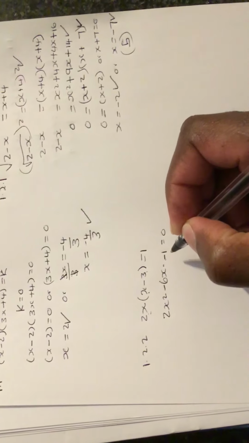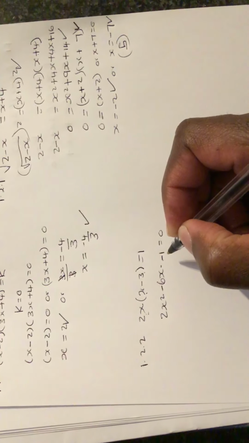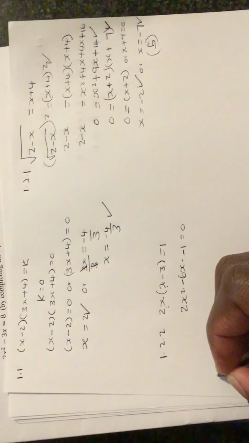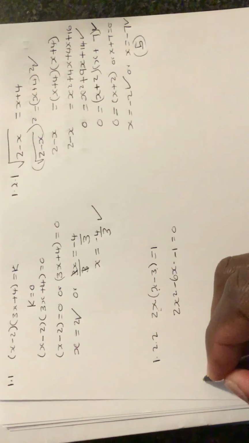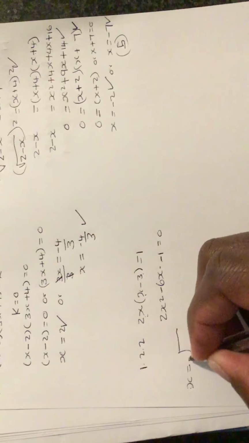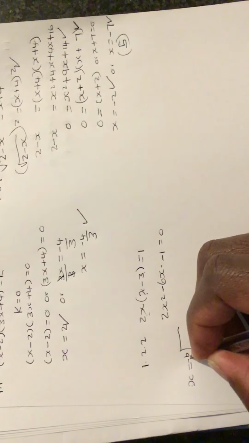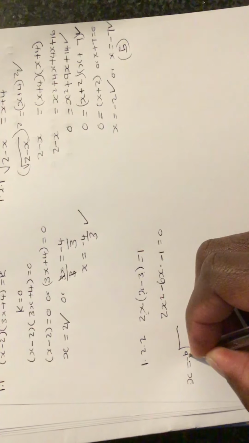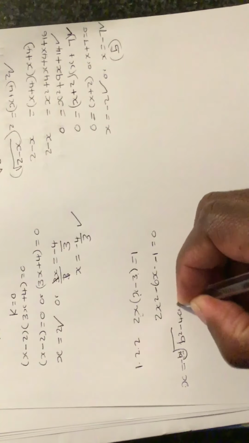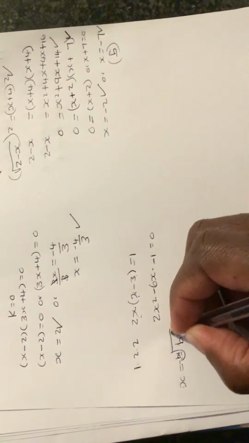And so now, since you've got that into 0, you know that you are going to use a formula. So a formula will say x equals to minus b plus or minus square root of b squared minus 4ac all over 2a.